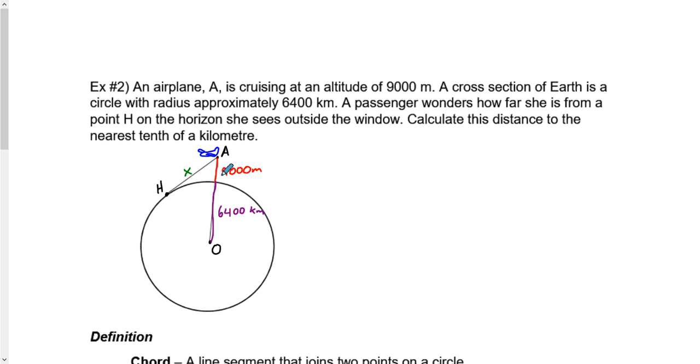One thing to note is 9,000 meters is actually 9 kilometers. The beautiful thing is that no matter your circle, your radius, they're all going to be the same length, all going to be 6,400 kilometers.